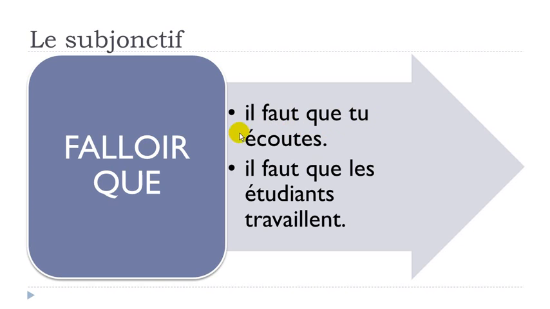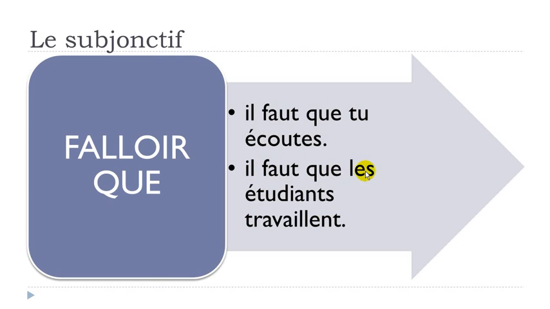And then in that case here, we'll see a bit later, of course, how to make it, but still, you've got this verb, écouter, and this form is the subjunctive, okay? Il faut que tu écoutes. Il faut que les étudiants travaillent. All right.